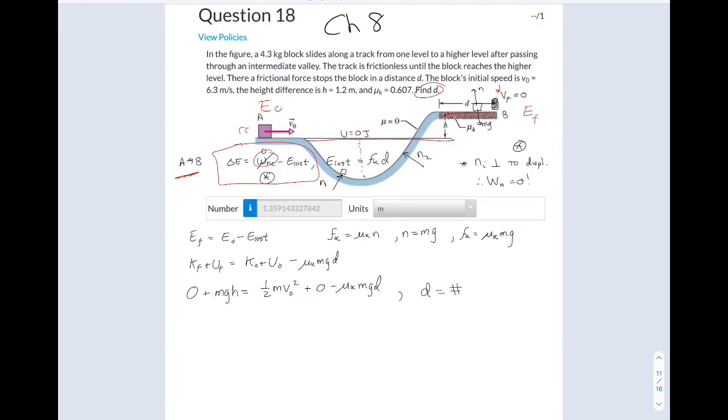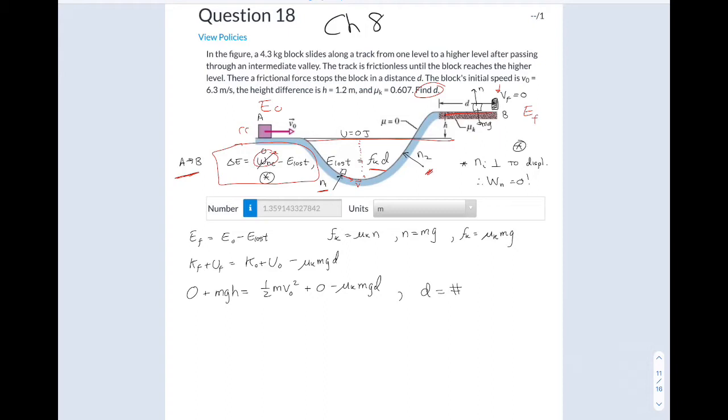So that term is 0, and remember E loss is F sub k d. Also, this is 0 because I drew some normal forces here, a normal force at that point and at that point. Normal means perpendicular. In all those places, the normal force is perpendicular to the direction it's headed, so the work done by the normal force would be 0 because of the 90 degrees.